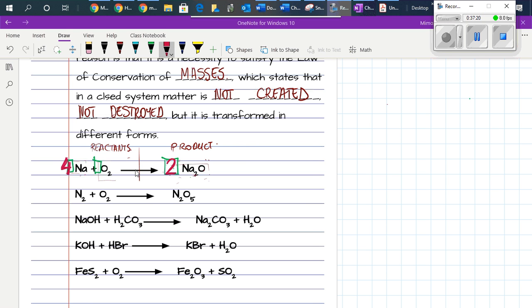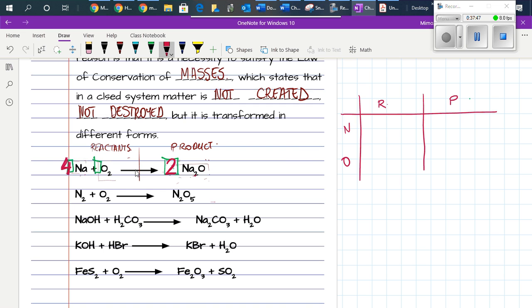Let's try to balance now the second example here. Again, we will work with a table. You can say reactant or left side, product or right side, it doesn't really matter. The atoms that are participating in the reaction are nitrogen and oxygen.